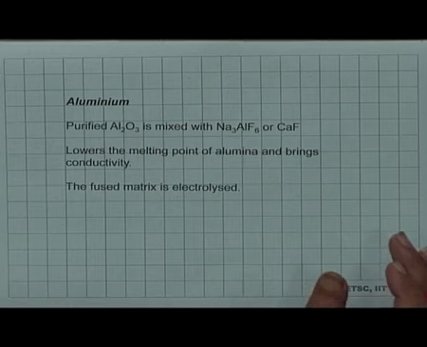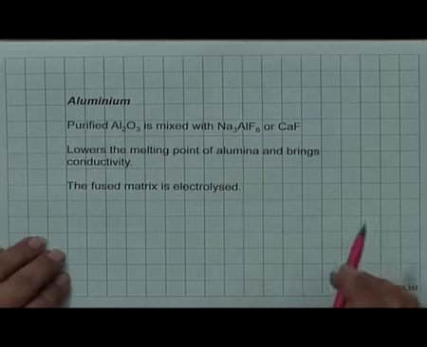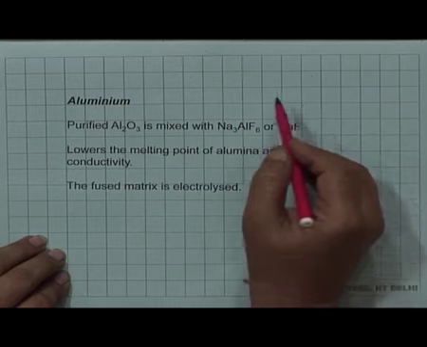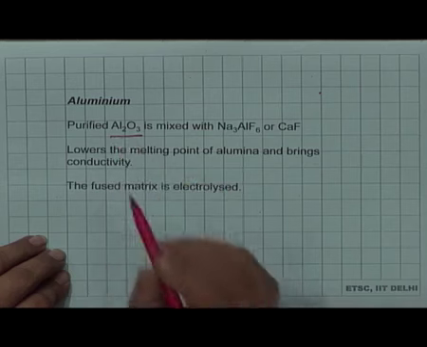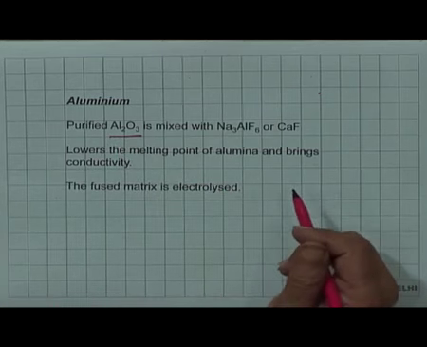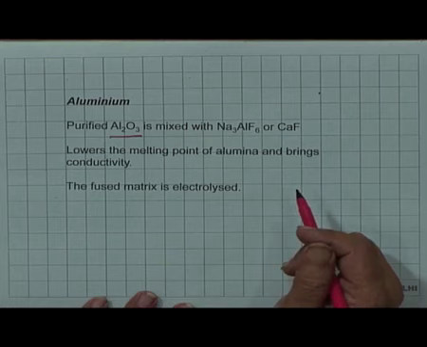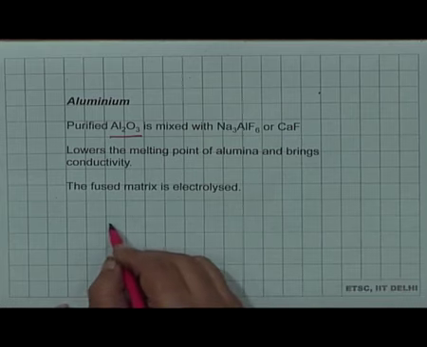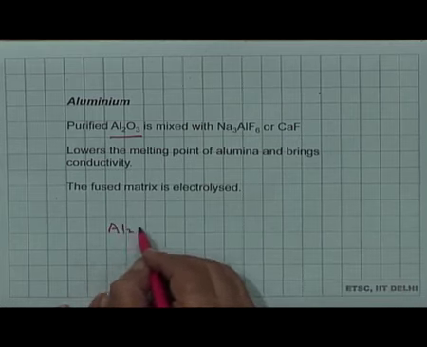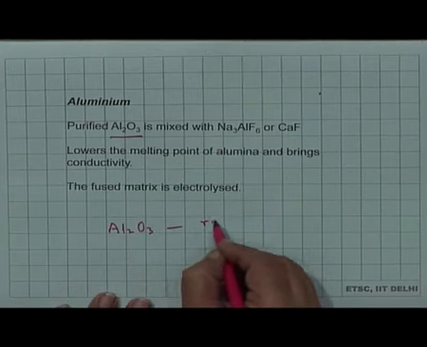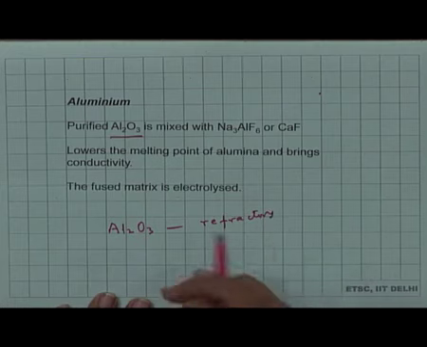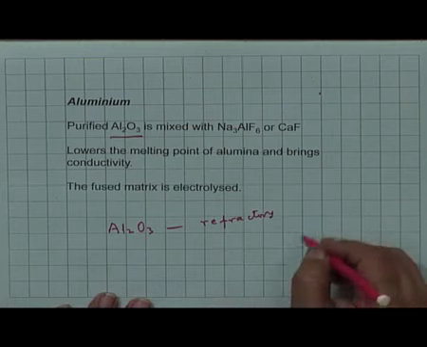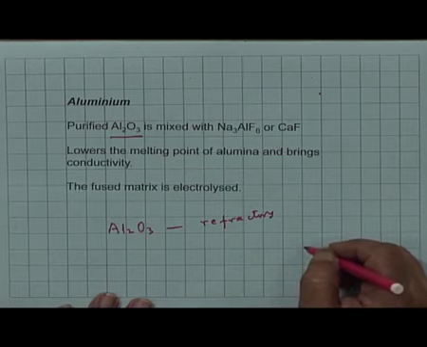Now, the best example of this electrometallurgy is isolation of aluminum from its ore alumina. Alumina as such cannot be dissolved in any solvent, because it is a refractory material. Refractory materials are those which cannot be dissolved in acid easily, or they can be dissolved in base, but with difficulty.